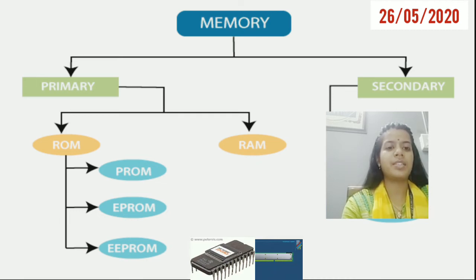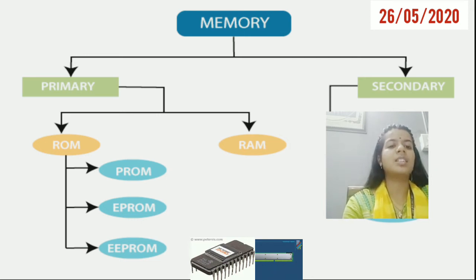The characteristics of primary memory are that it is known as internal memory, also known as main memory, and it is usually volatile memory as the data is lost when power is switched off. It is the working memory of a computer, and the computer cannot run without primary memory.